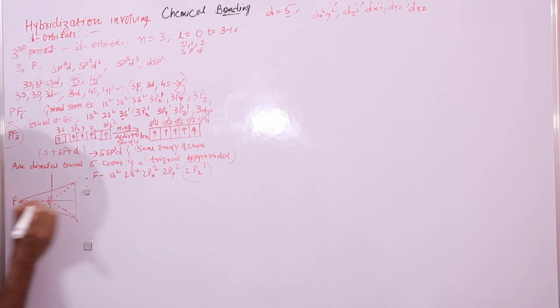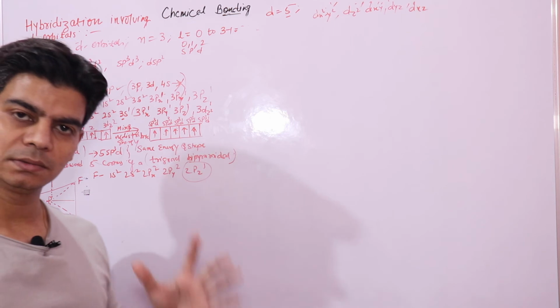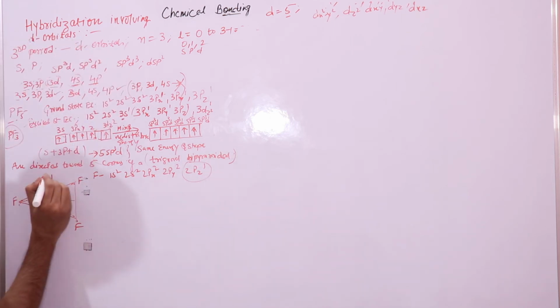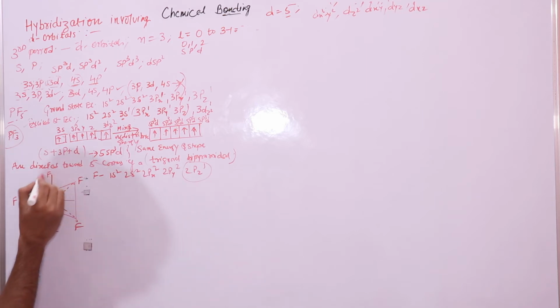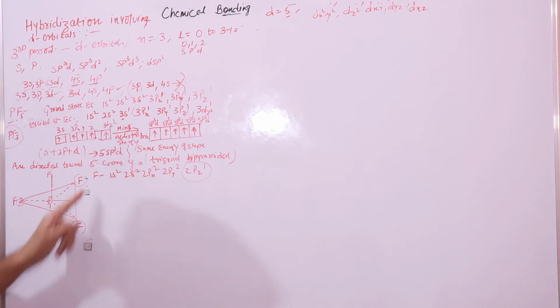You have fluorine here, here, here. All these 3 fluorine atoms are in one plane, the plane of the central phosphorus atom, and 2 are perpendicular to the plane. These are equatorial fluorine atoms.